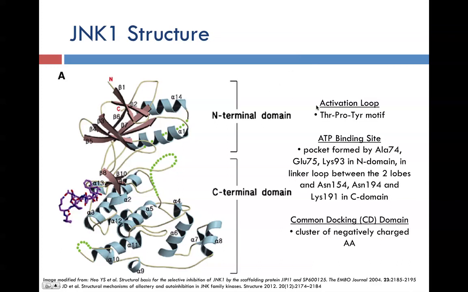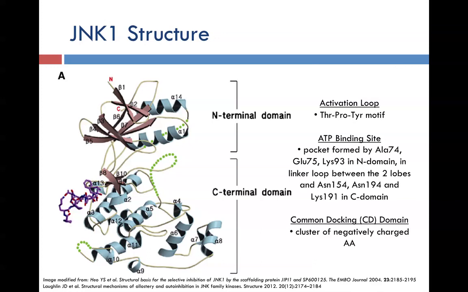So we have 3 main sites. We have our activation loop, which contains our threonine, proline, tyrosine motif that we talked about before. It's really important for JNK1 activation.